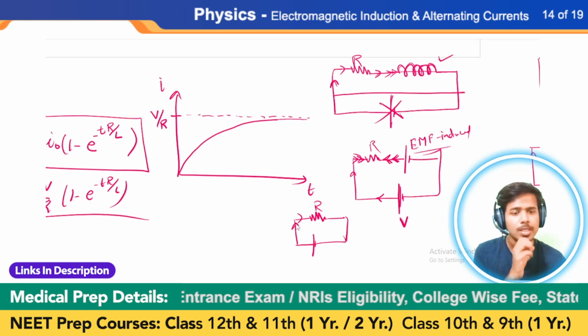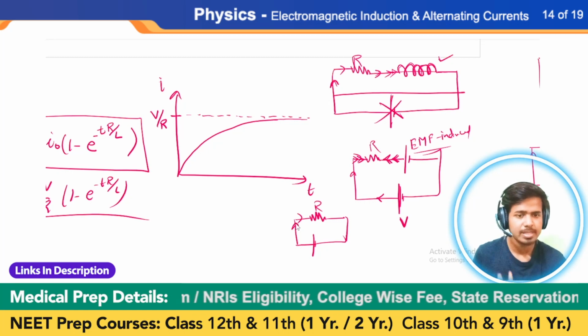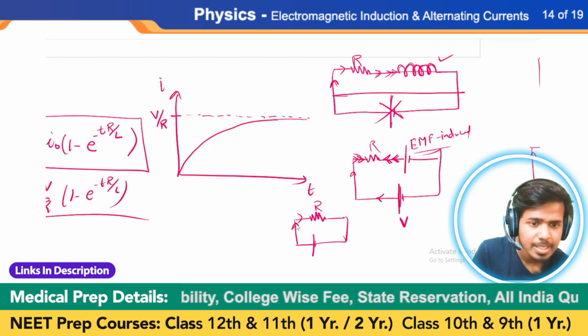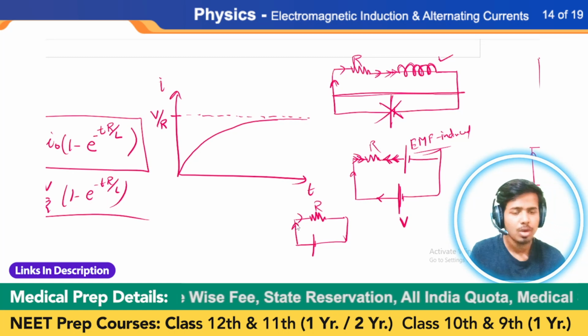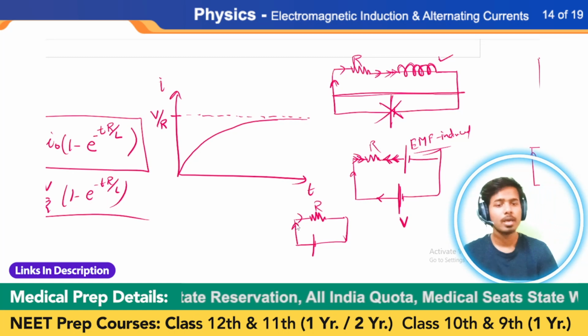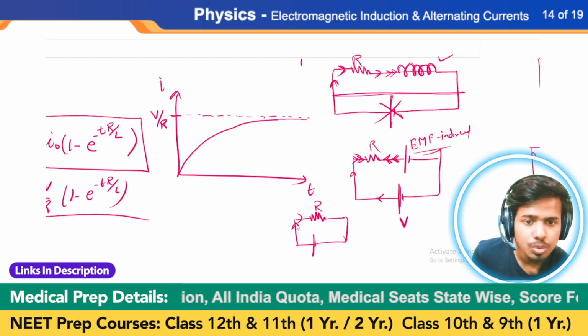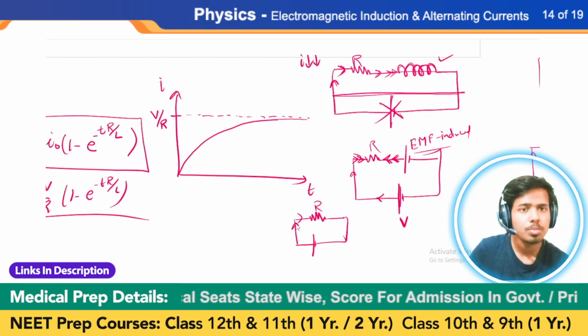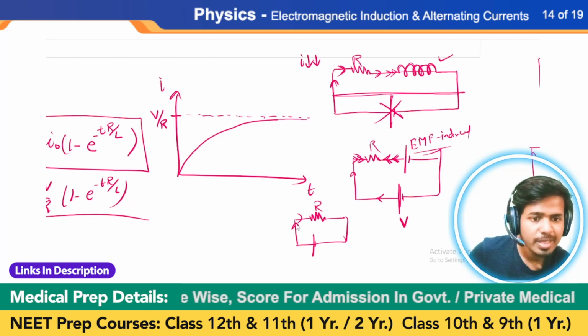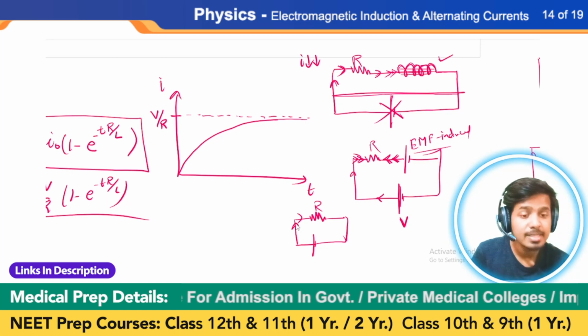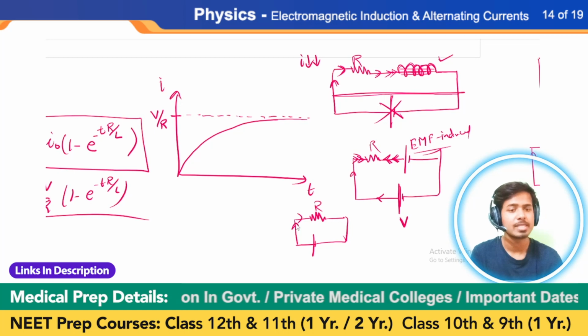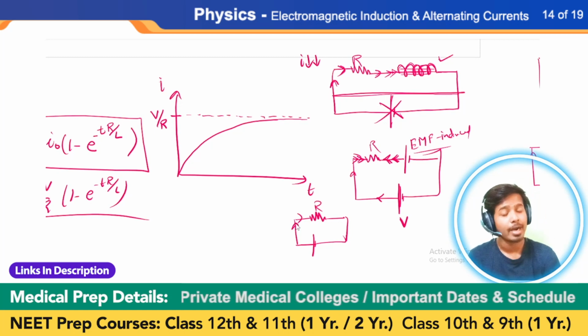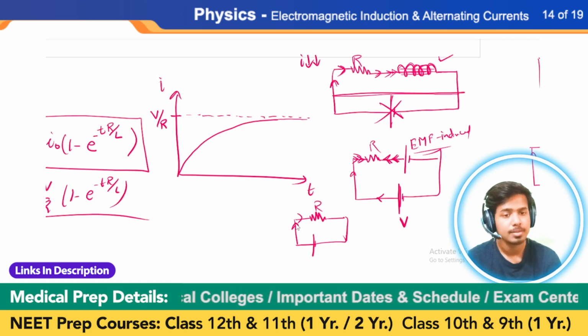The battery is out, and suddenly a wire has been replaced. Now the current is reduced to very low, right? Why? Because there is no battery source, due to which the magnetic flux already here is now getting reduced at a fast pace, due to which again current will start to flow, right?